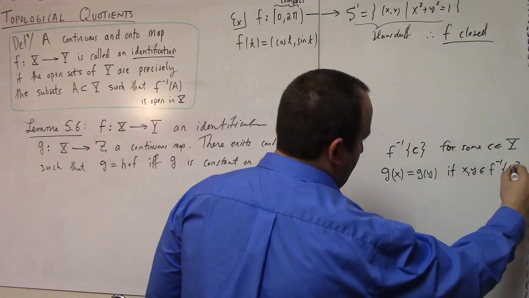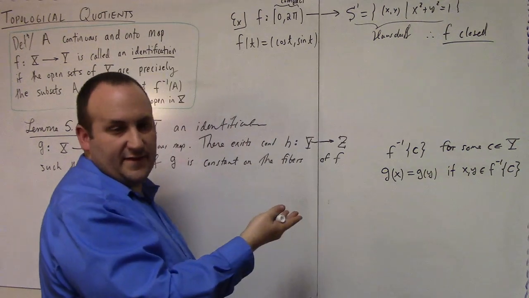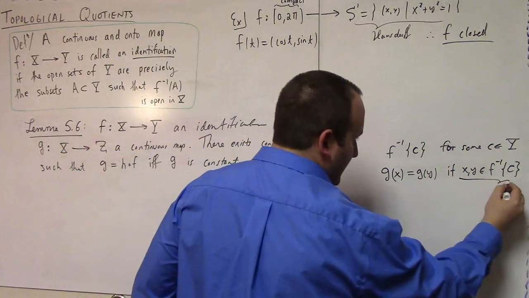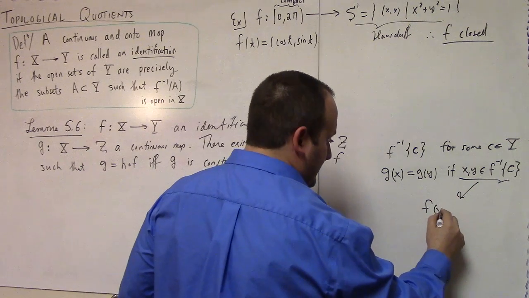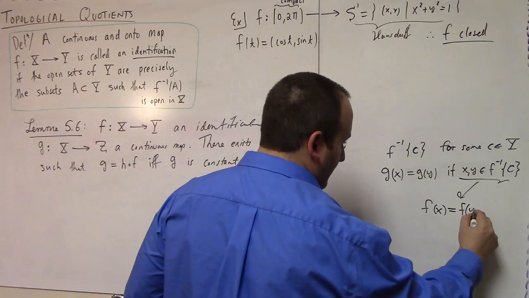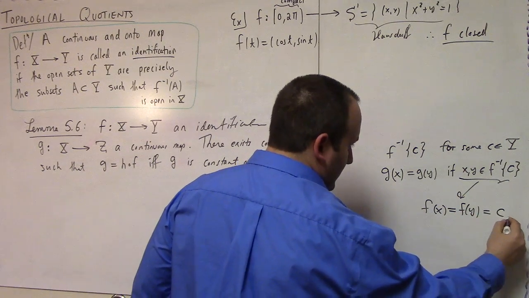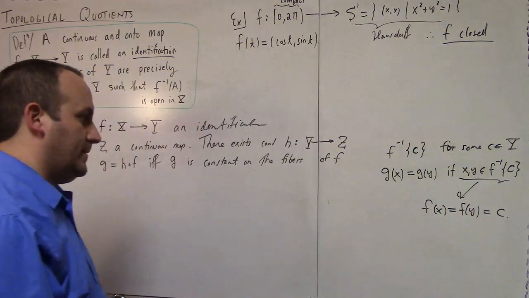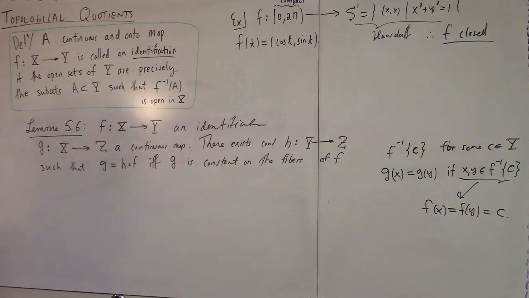Directly, that's what it means. But when you unfold that, it means f of x equals f of y, equals c. So if f of x is equal to f of y, then g of x is also equal to g of y.